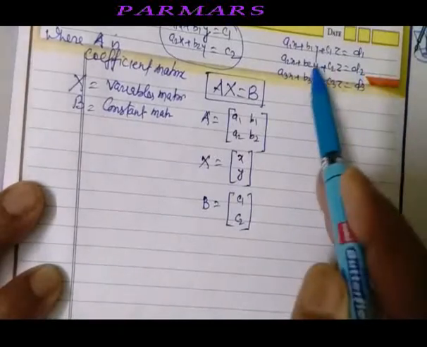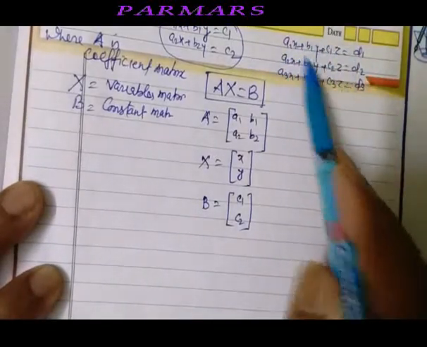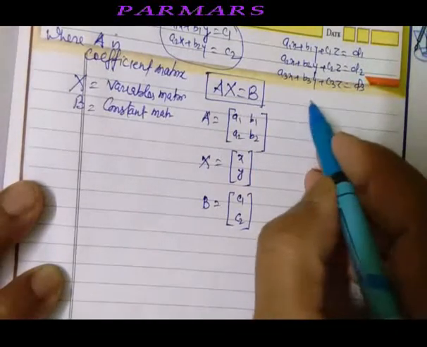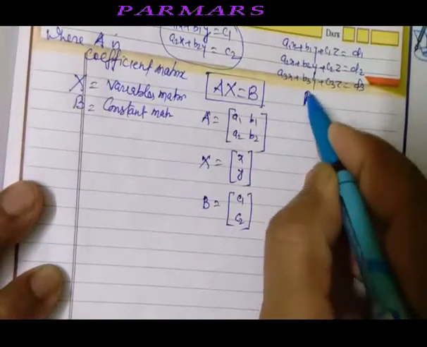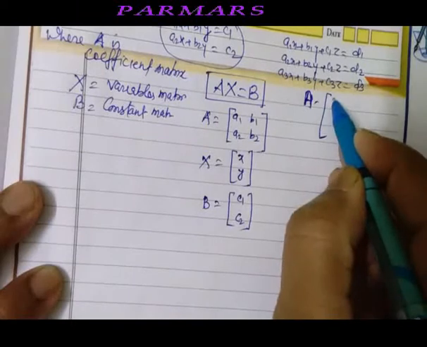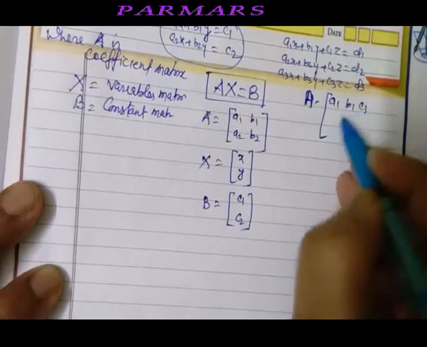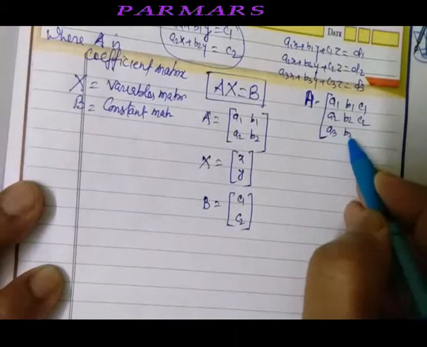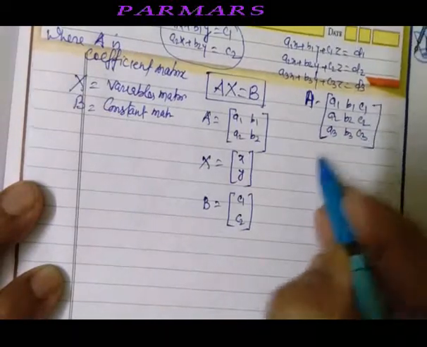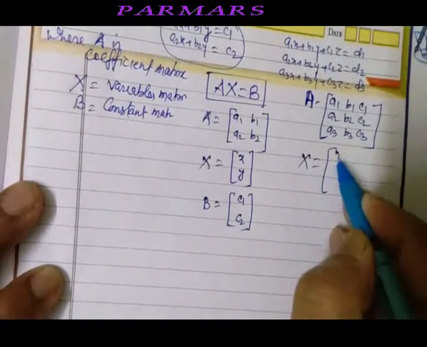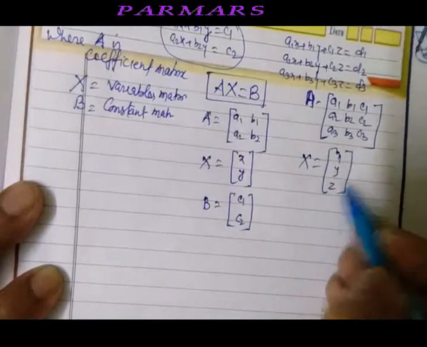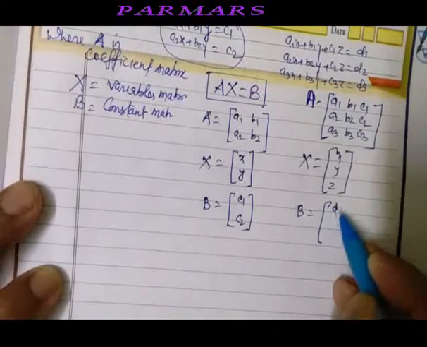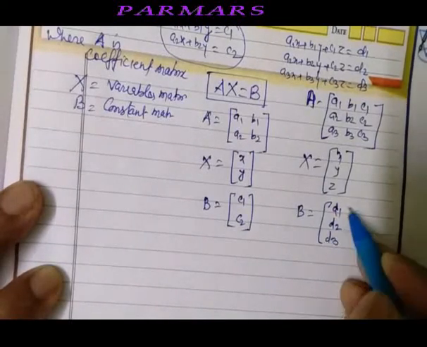Again this system of linear equations is also expressed in the form of AX equal to B, but here A is the coefficient matrix and coefficients are a1 b1 c1, a2 b2 c2, a3 b3 c3. Variables are x, y, z, and constants are d1, d2, d3.